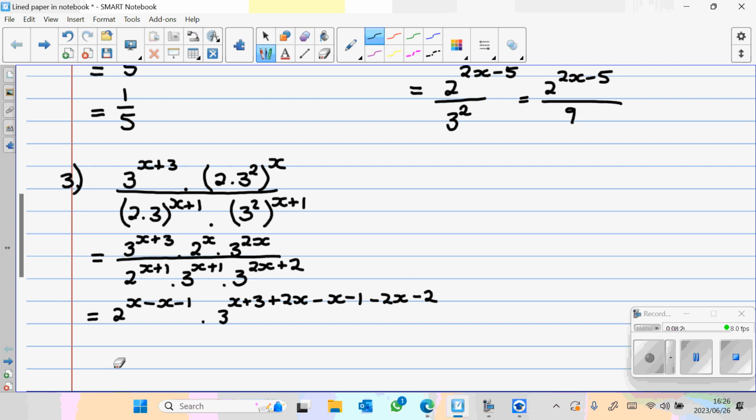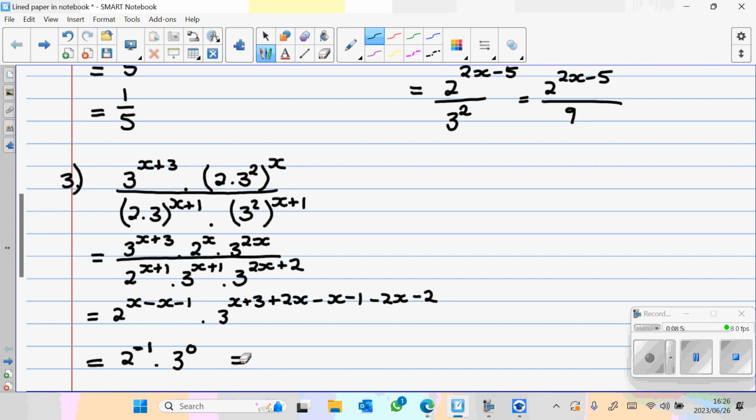Now, for the 2, I have 2 to the power minus 1 left. For the 3, it is x plus 2x, which is 3x, minus x, which is 2x, minus 2x, which is 0. So all the x's cancel out. 3 minus 1, which is 2, minus 2 gives me 3 to the power of 0.